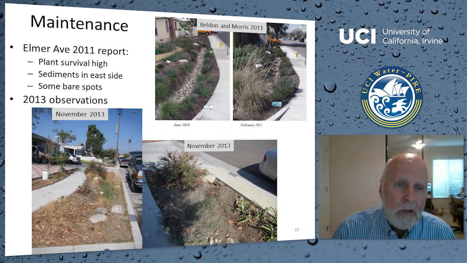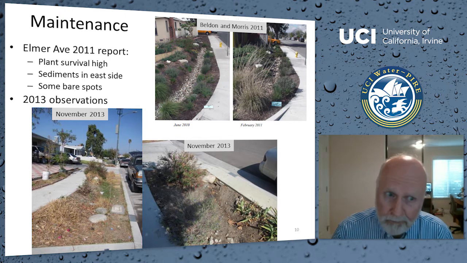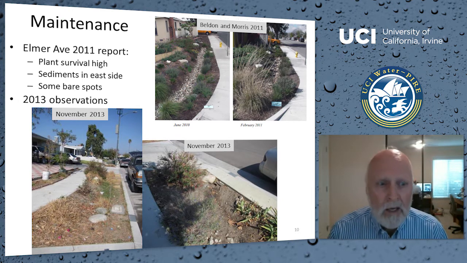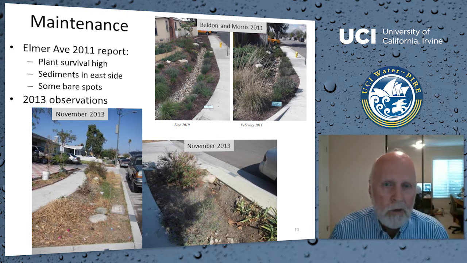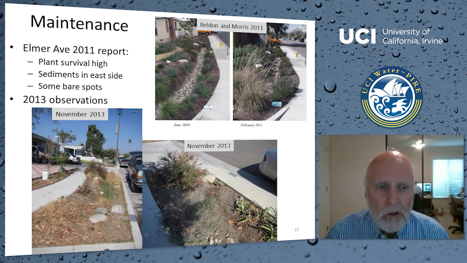And in 2011, a little bit after it was constructed, you can see the pictures up on the upper right there, 2010 and 2011, and the report was plant survival was high, there were some problems with sediments, and there were some bare spots, but in general, the biofilters looked good.